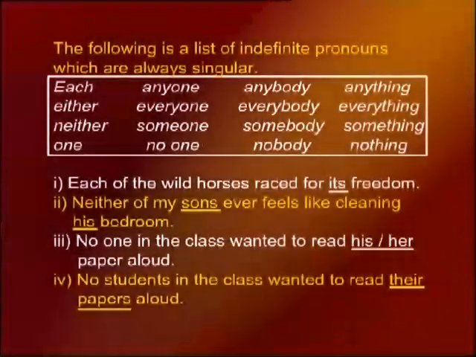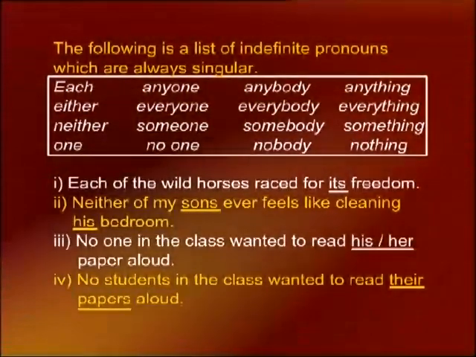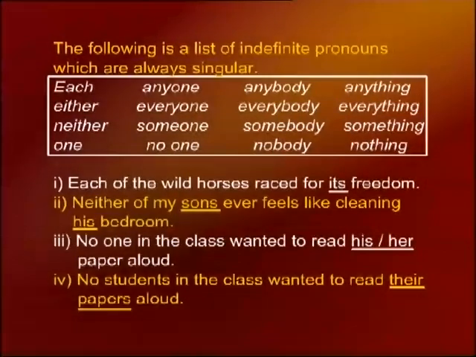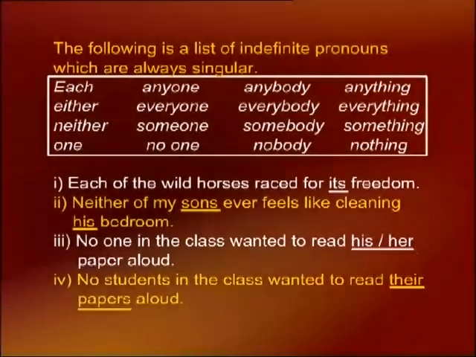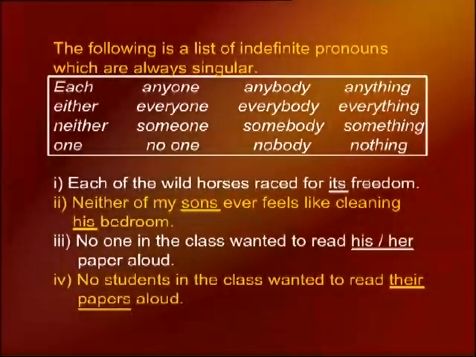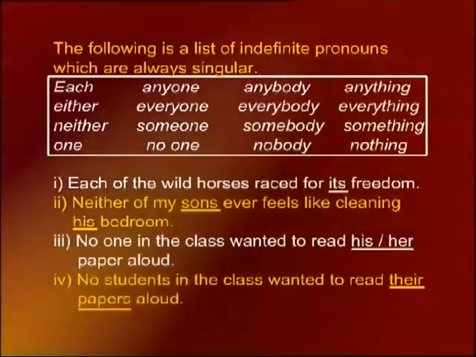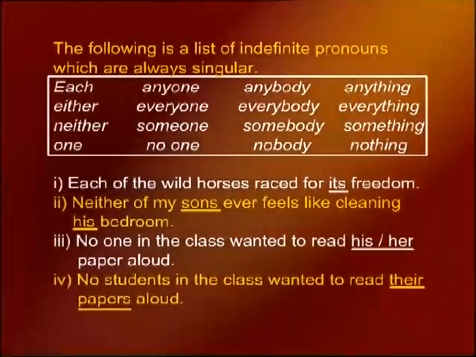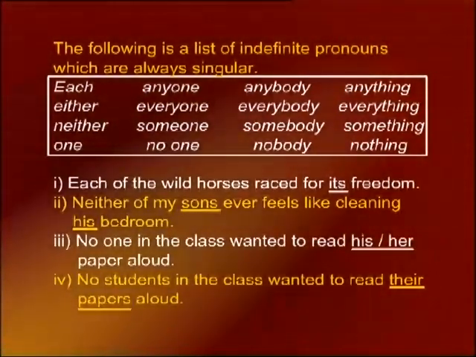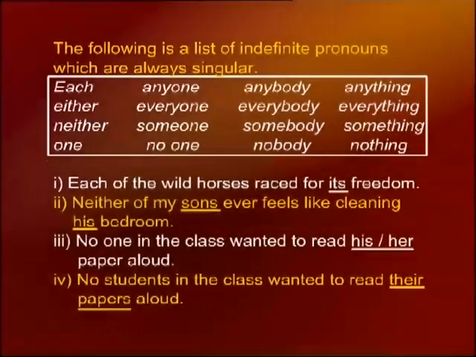Now there is a list of indefinite pronouns, pronouns which do not specifically refer to something. The words each, either, neither, one, anyone, everyone, someone, no one, anybody, everybody, somebody, nobody, anything, everything, something, nothing.